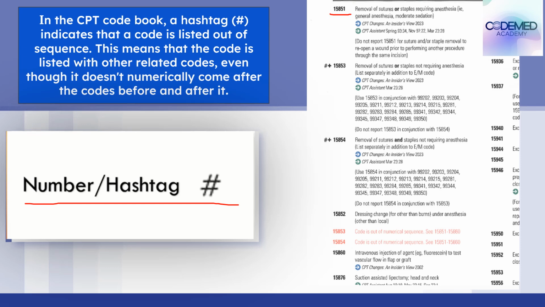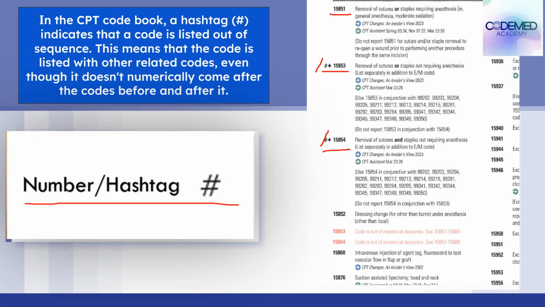After the code 15851, because the book is in numerical sequence, we should have the code 15852. But the codes we see are 15853 and 15854. So these two codes are not in the numerical sequence, they are out of numerical sequence, and I can see the hashtag written in front of those codes, and that's why this particular sign talks about out of numerical sequence.